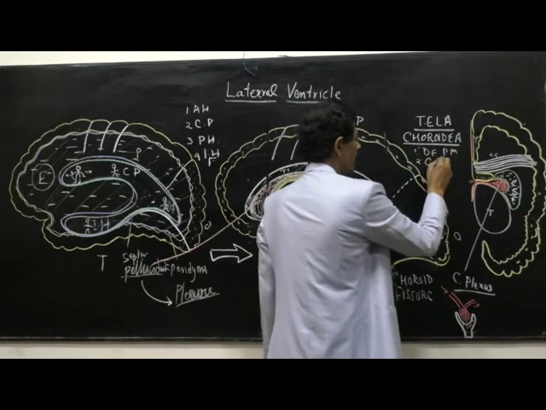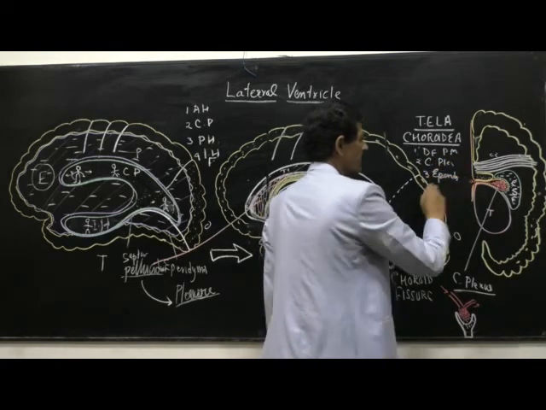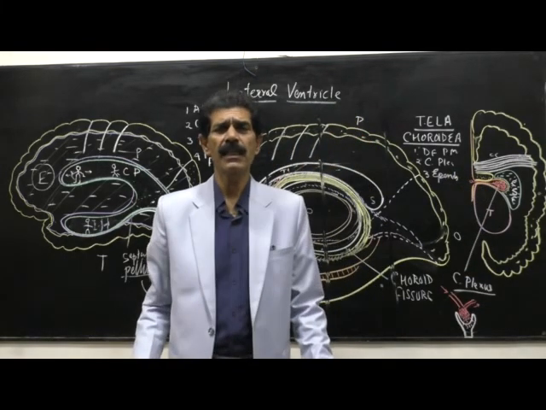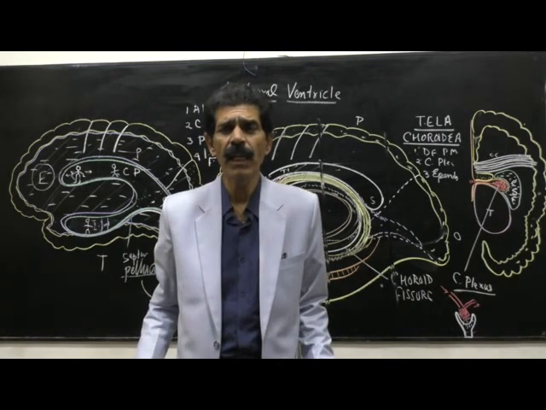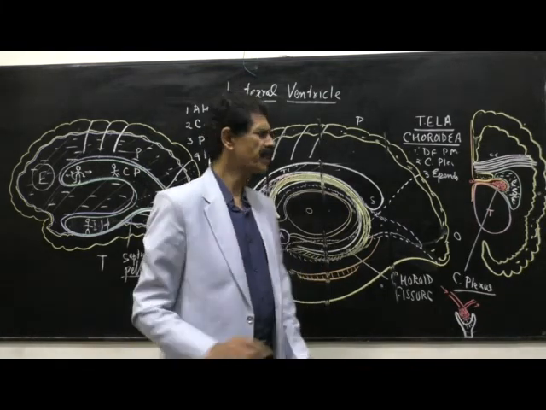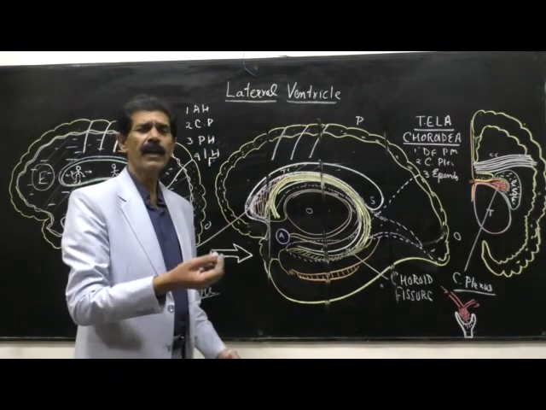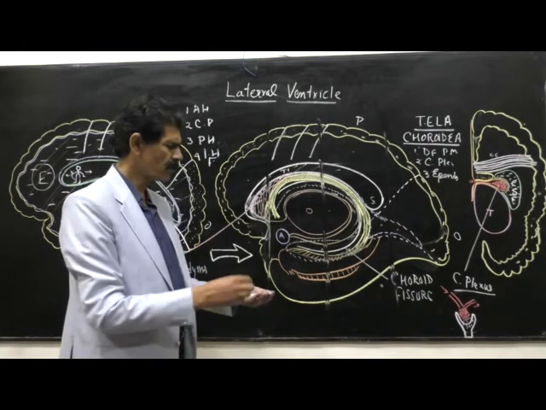Number 2, the choroid plexus. Number 3 is the ependyma. So this whole complex is called the choroidea. So the choroidea is the largest manufacturing place of the CSF in the lateral ventricle, and because the choroid fissure is also C-shaped, the choroid plexus is also C-shaped.